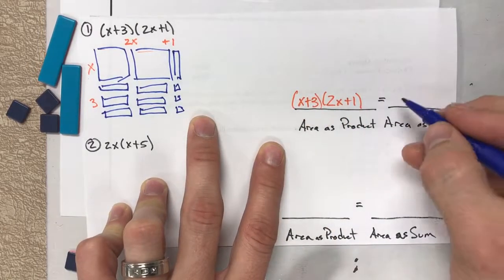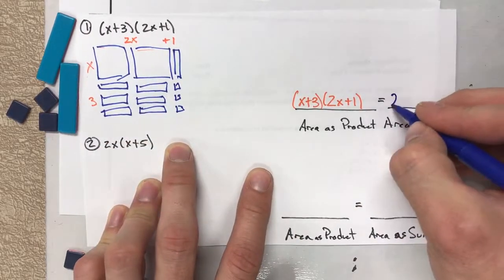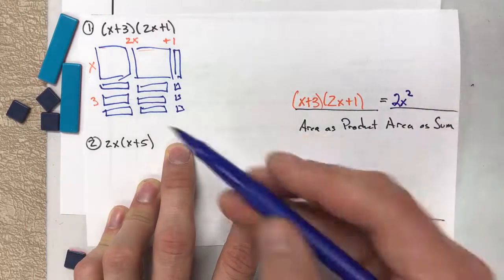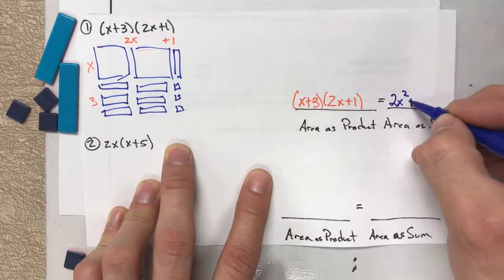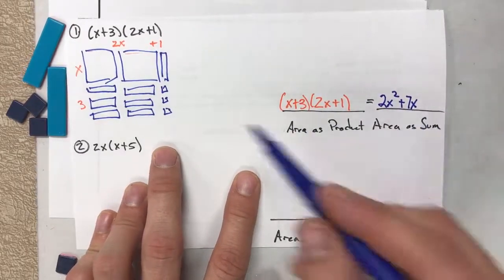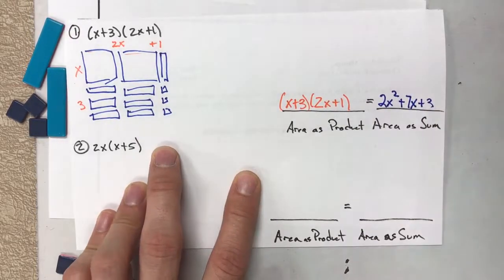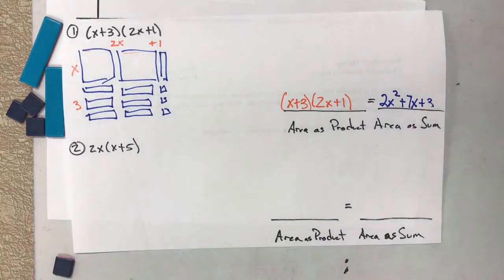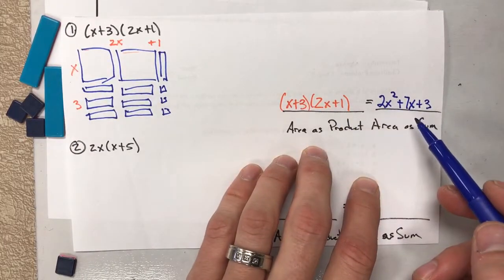And then the inside, I have 2x squared, and combining like terms, 1, 2, 3, 4, 5, 6, 7 x's, so plus 7x, you have to write that x there, and then 3 1s, so plus 3. That's how you set up that problem. So area as a product equals the area as a sum.